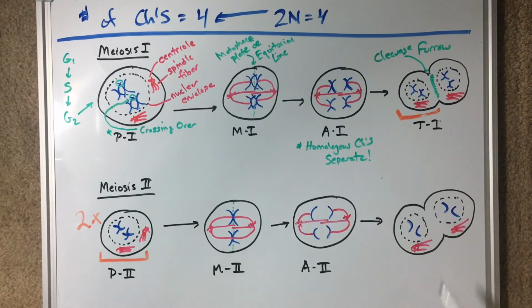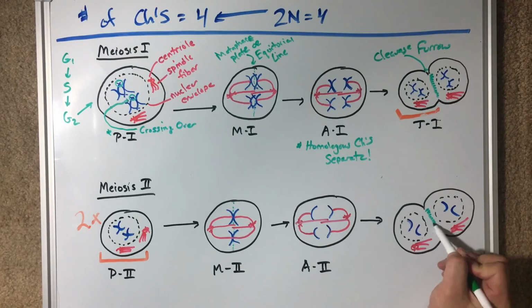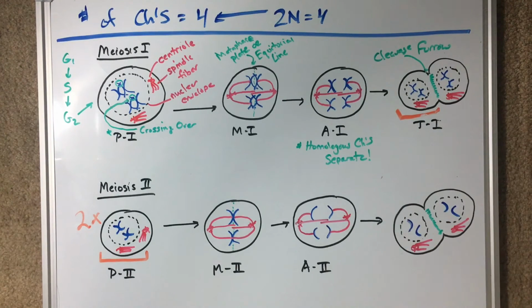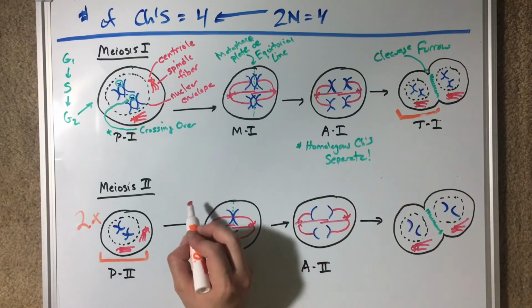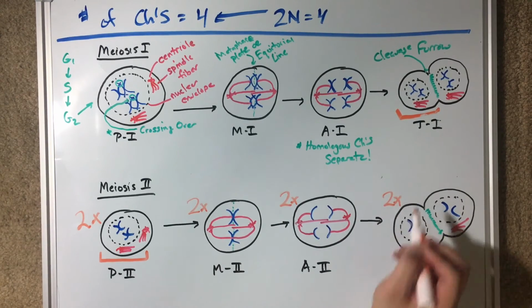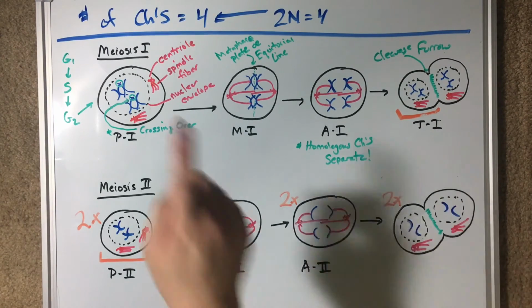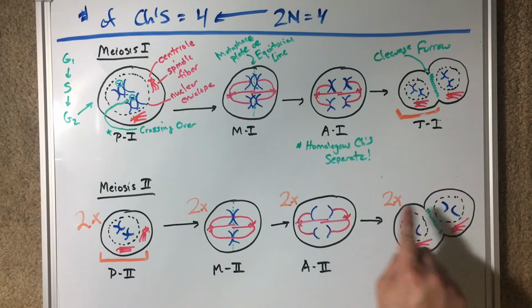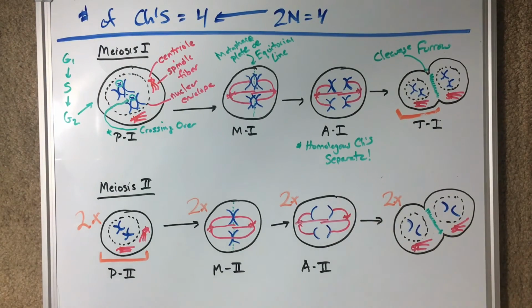Spindle fibers are breaking down, and we have once again our cleavage furrow breaking these in again. Now remember, there's two of each. Okay, there's two of those. So we start off with one cell, and we should end up with 4 cells at the end. 2 here times 2 is 4 down here. Okay, and that's telophase 2.